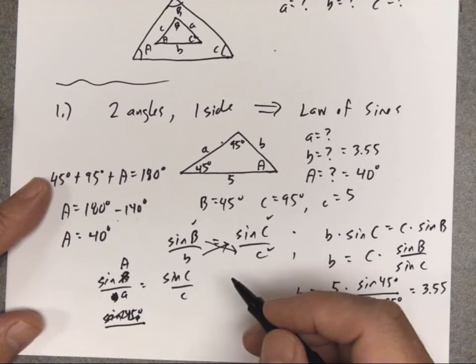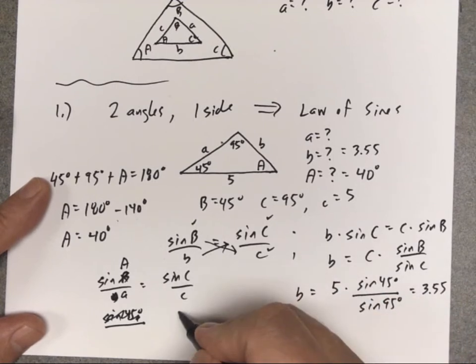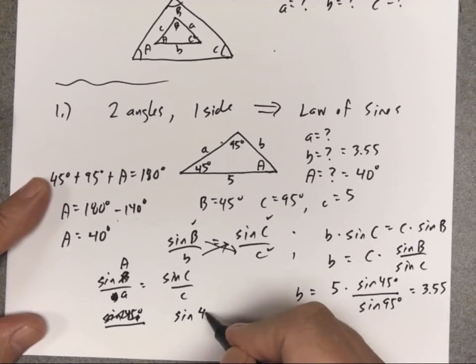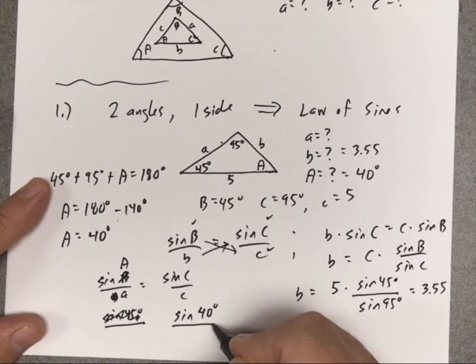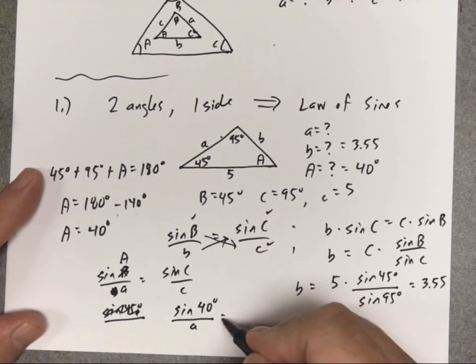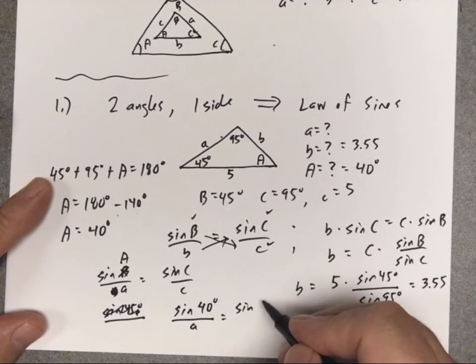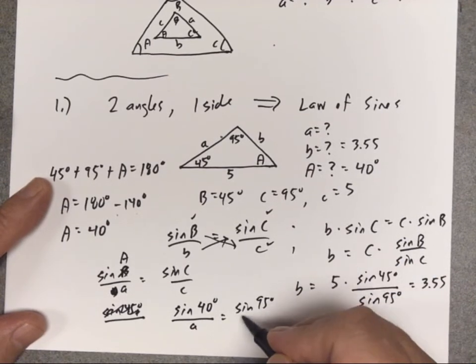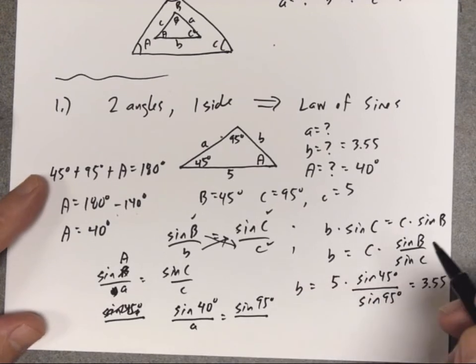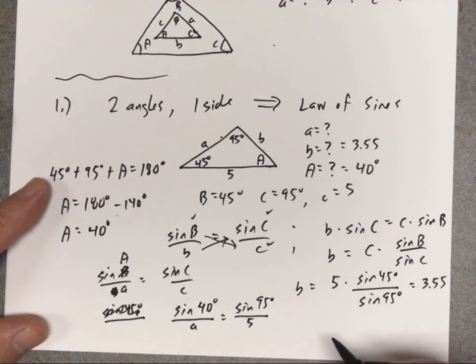So sine A, we know A is 40 degrees, over A. Sine C, C is 95 degrees. Now the length of C is 5.